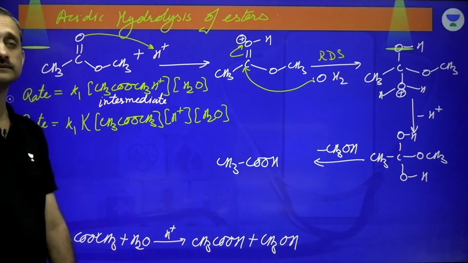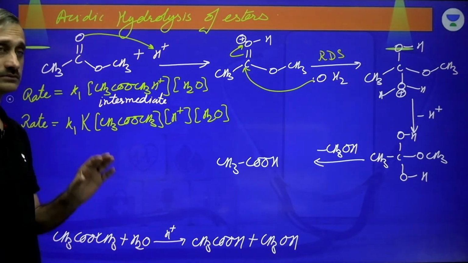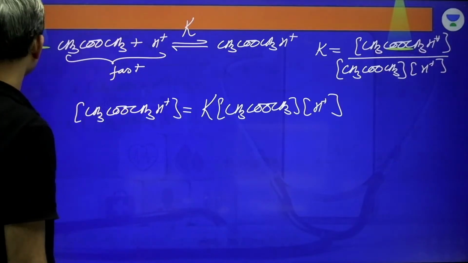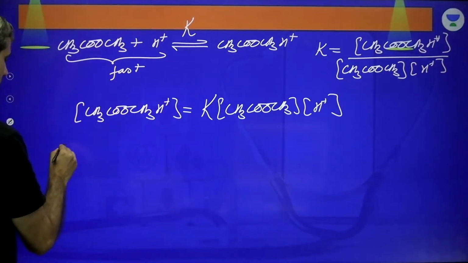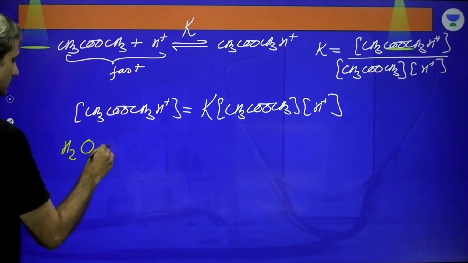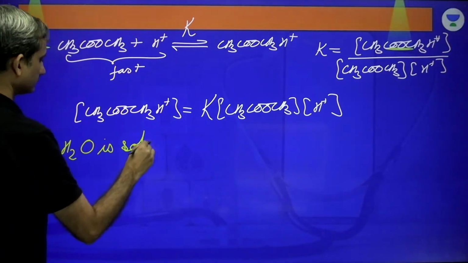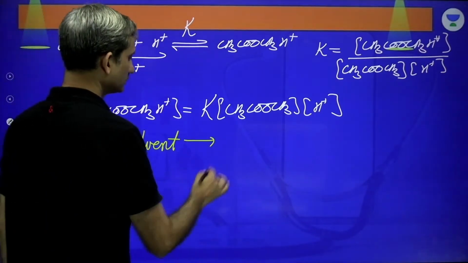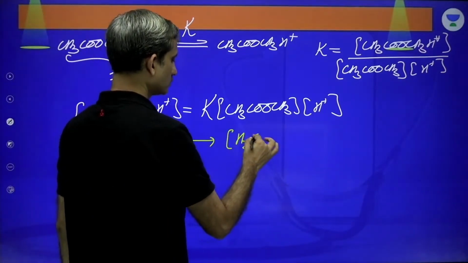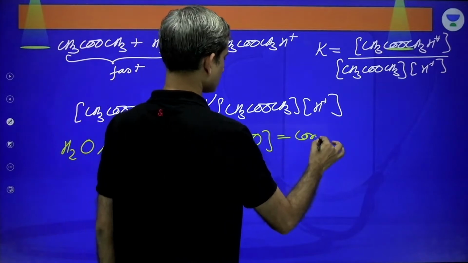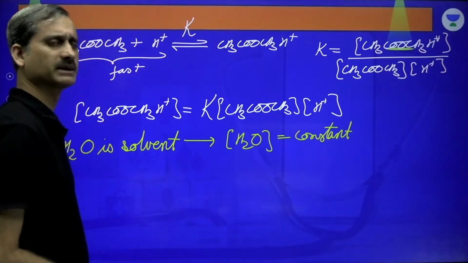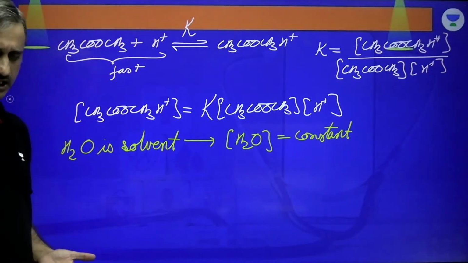Is this clear? Now the twist comes in this particular system. H2O is a solvent, so concentration of H2O is constant. Does not make a difference. Even if H2O is consumed a bit, it is not going to change the rate of the reaction.